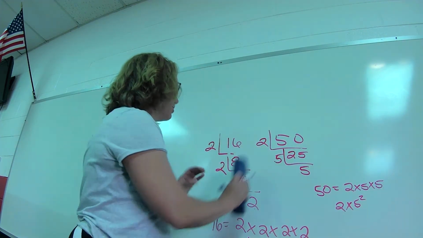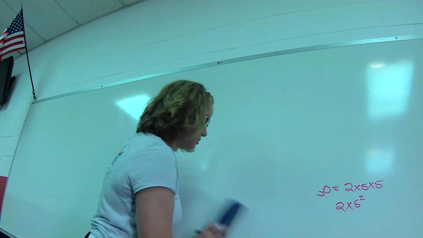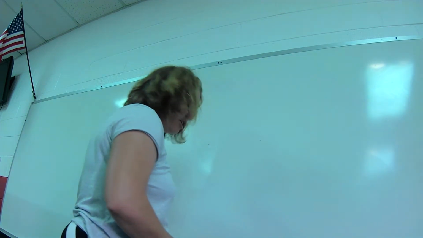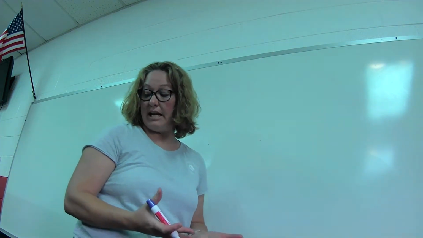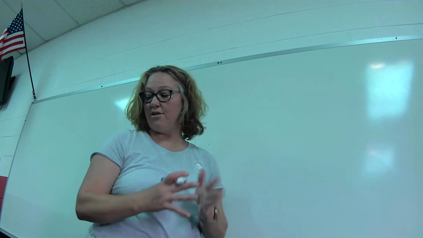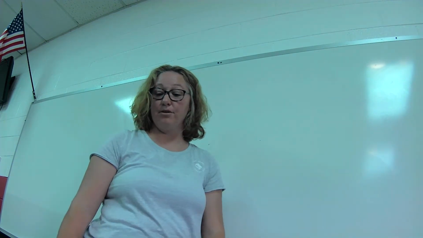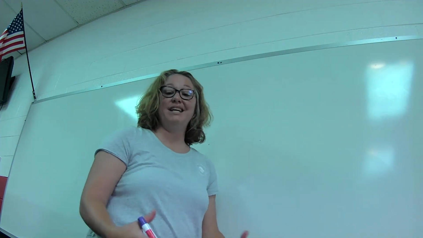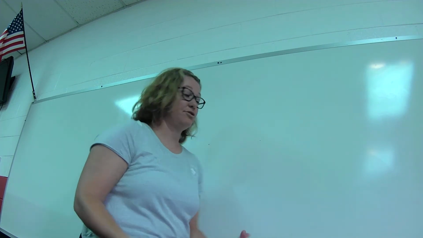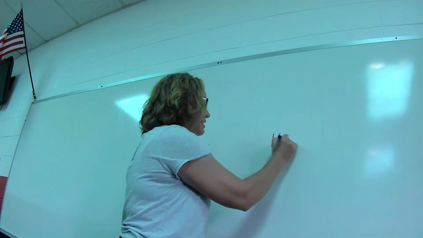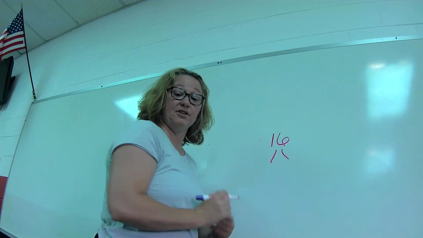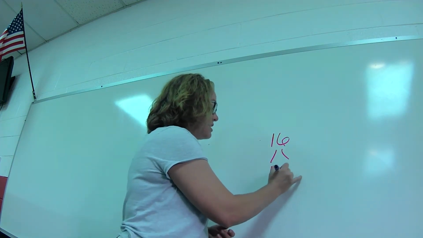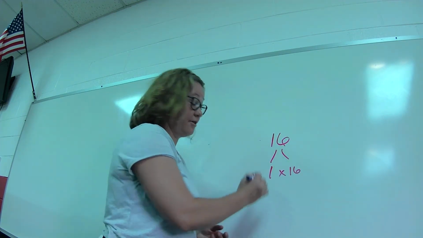So now we're going to take the prime numbers that we're working on here, and we're going to make a factor tree. The factor tree is another way to help find the prime factors of a number, and we can use any pair of factors. Remember when we did 16? And remember when we did the factor pairs? We said we start with 1 times the number itself.